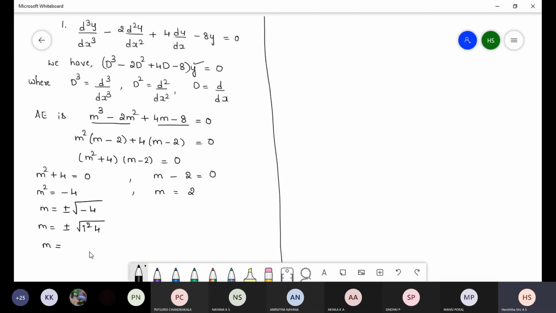So m is equal to plus or minus root 4 is 2, root of i square is i. So here I just write m is equal to 2. Now the roots of the auxiliary equation are plus or minus 2i, comma, 2.